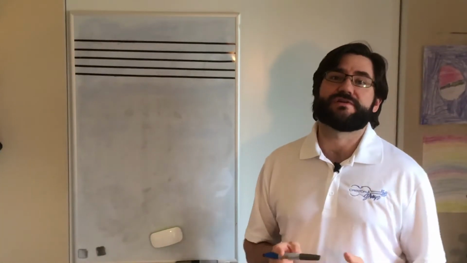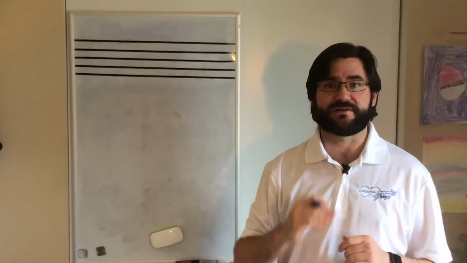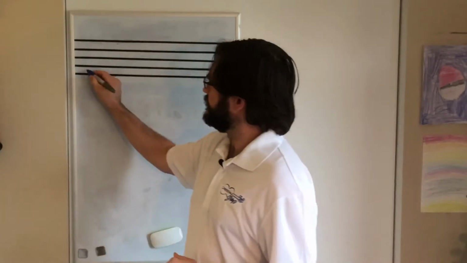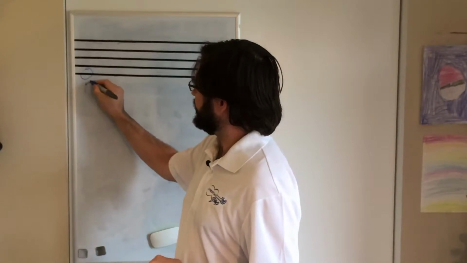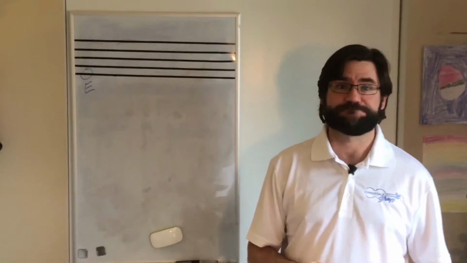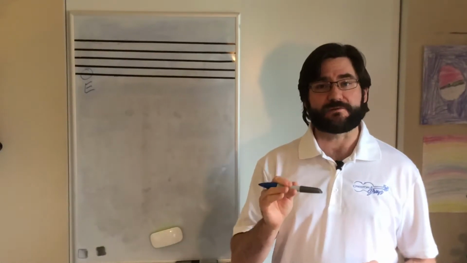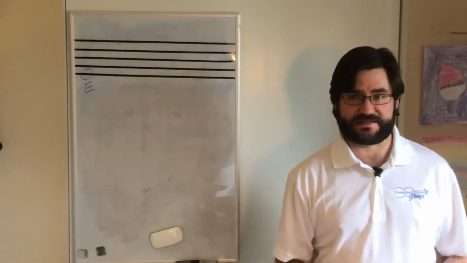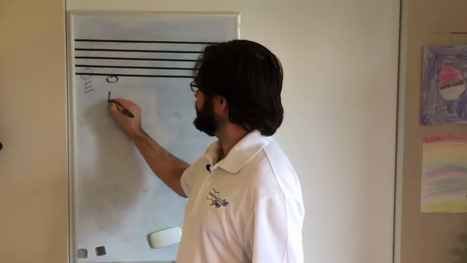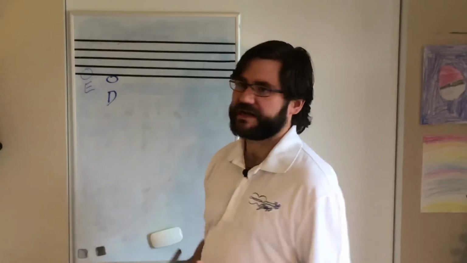Now, after you get through the notes on the staff, then you have to expand out to above and below. So the last note we knew in treble clef was here, the first line, E. Below that, we follow the alphabet still, just backwards. This note would be D. We've run out of space.